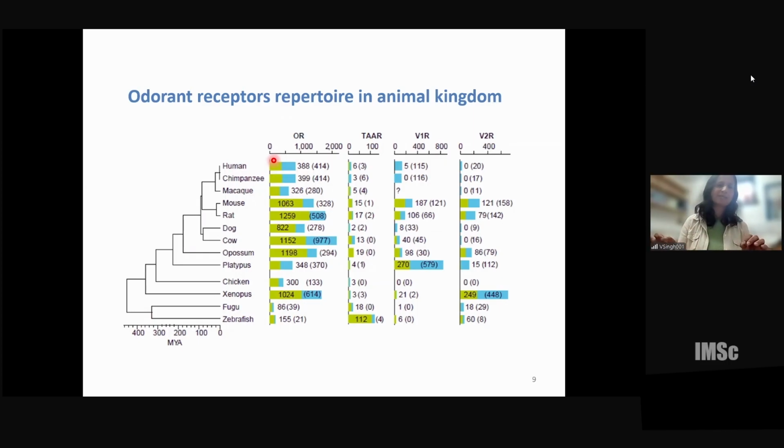They are expressed in some of the cells in our nose or in other organs, while the blue ones are called pseudogenized, that means they're not expressed well. So lots of our genes have become pseudogenized, while some are retained. And this subset, which is expressed, is of interest because if we can figure out what they do, what they allow us to smell, we can begin to understand this.